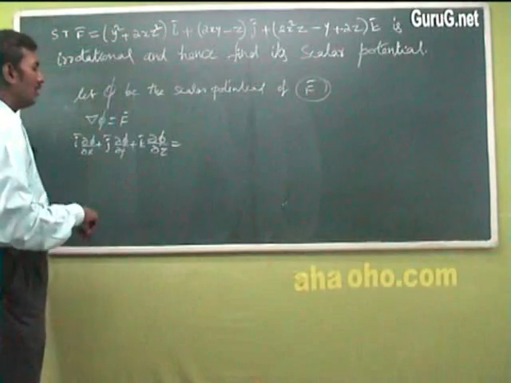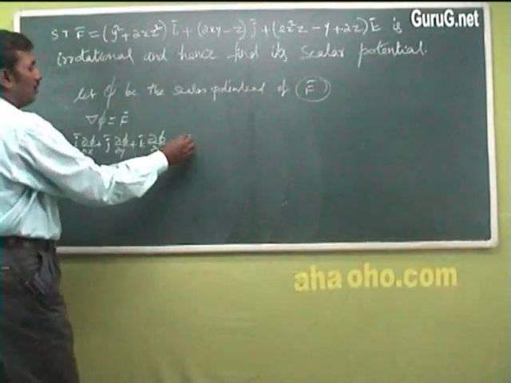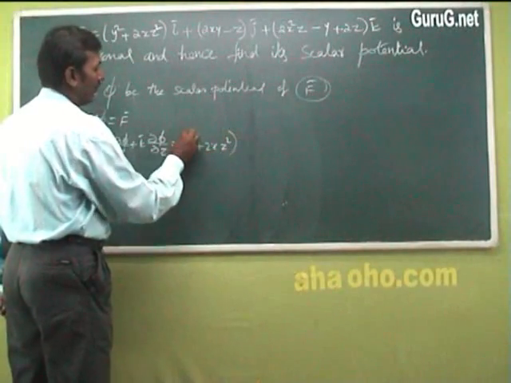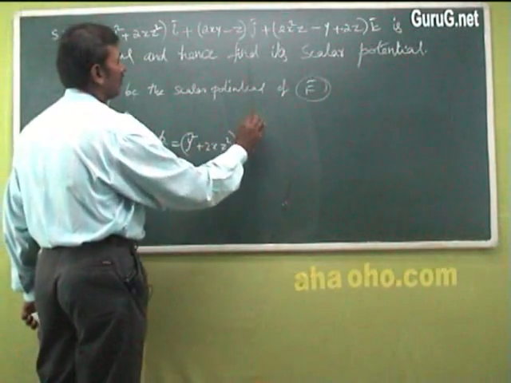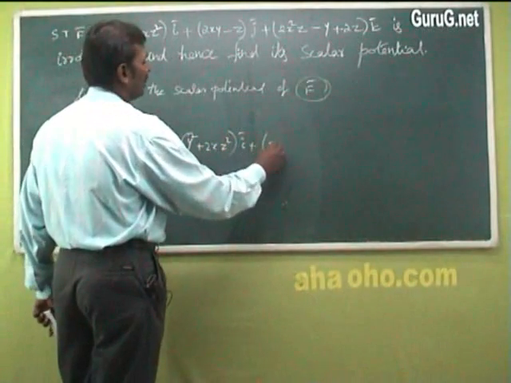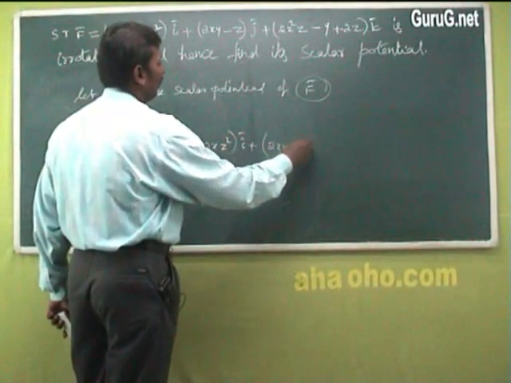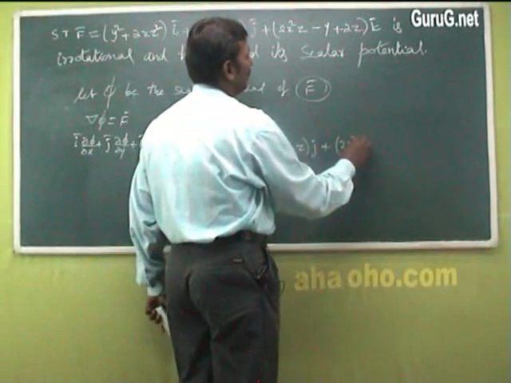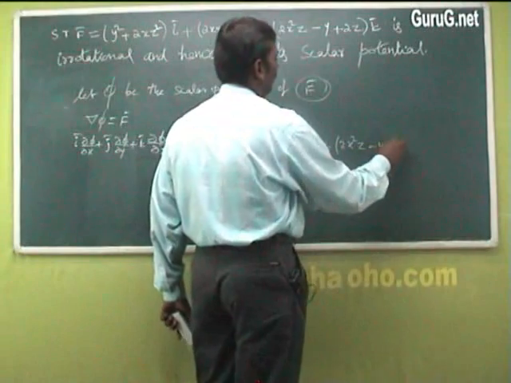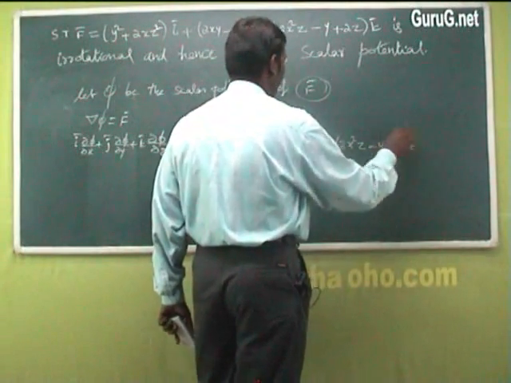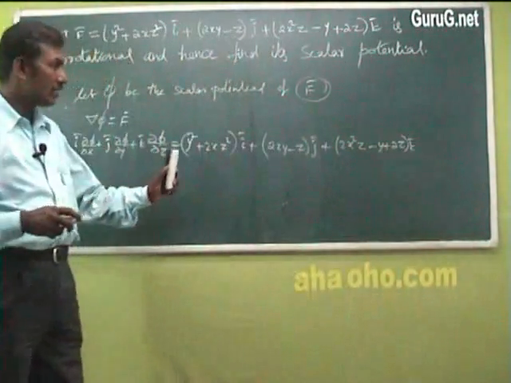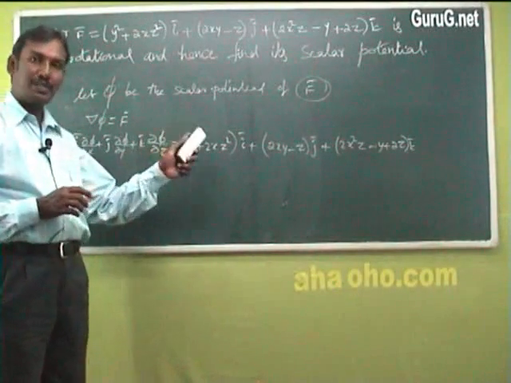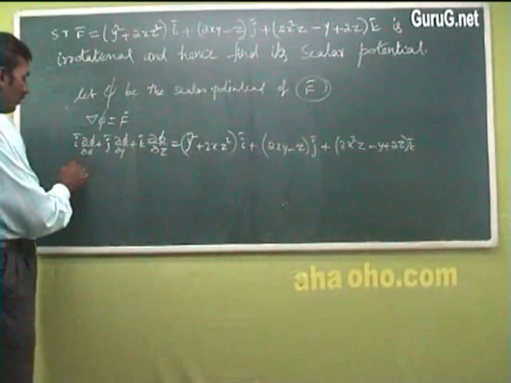This is equal to the given f vector: y squared plus 2xz squared into i vector plus 2xy minus z j vector plus 2x squared z minus y plus 2z into k vector. The left hand side is a vector, the right hand side is also a vector. When the two vectors are equal, the corresponding components are equal, right? So therefore, which implies what?